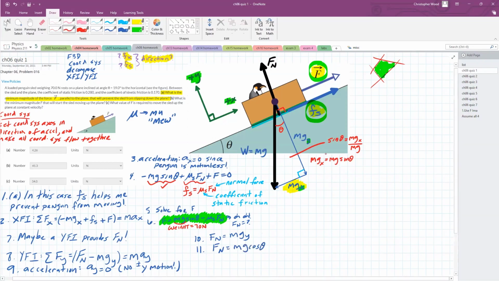So again, just looking at this triangle one more time, cosine of theta equals side adjacent, which is mg_y, all over hypotenuse, which is mg, which is why I'm saying mg_y equals mg cos theta. So there you go. Now I have reached the end of the line as far as my Y force inventory.